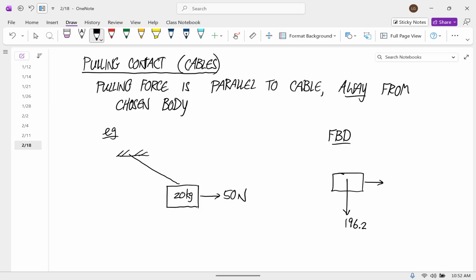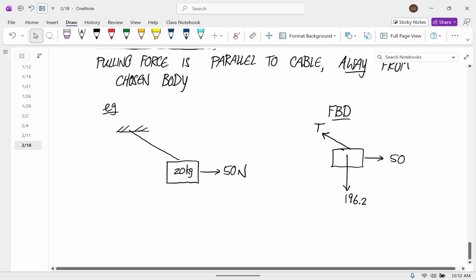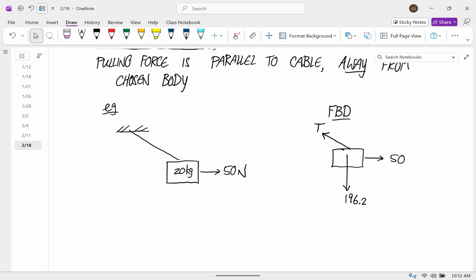And then we're told that this is 50 newtons. And the only other place that there's contact is where the cable attaches. So that force is parallel to the cable, away from the chosen body, and I'll give it the label capital T for tension. I'm not going to calculate this one. I'm going to do a different one.